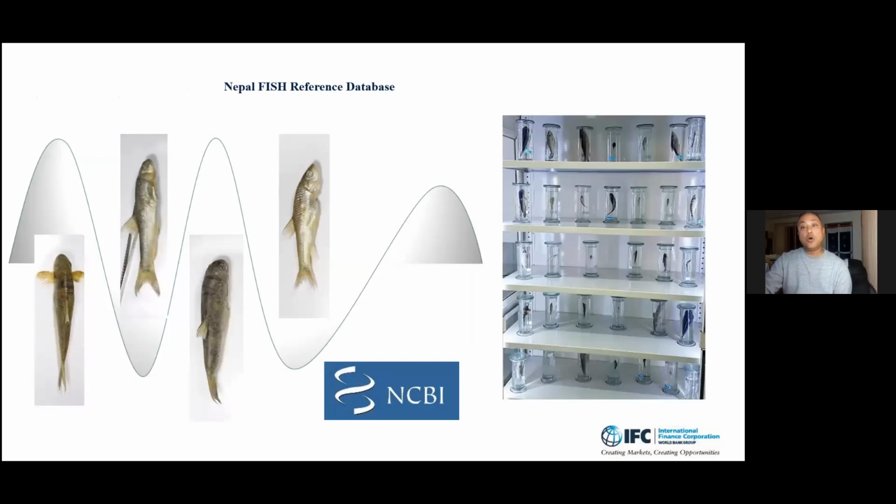Over the years, between 3 different efforts, we have more than 70 different species of fish collected from 2 different river systems. And of course, we've been inputting the fish DNA barcode information into a global database such as NCBI.